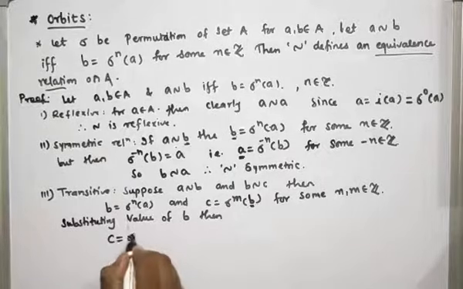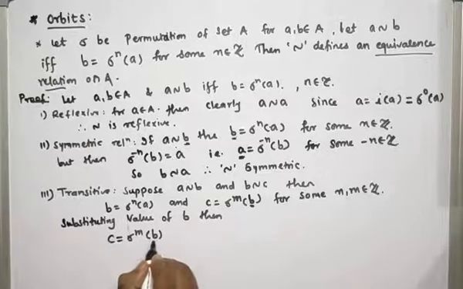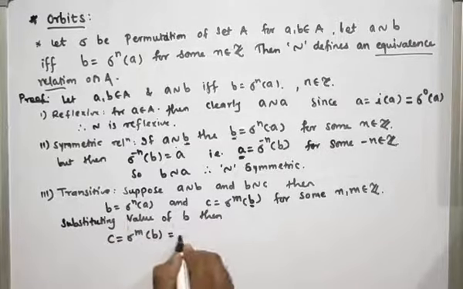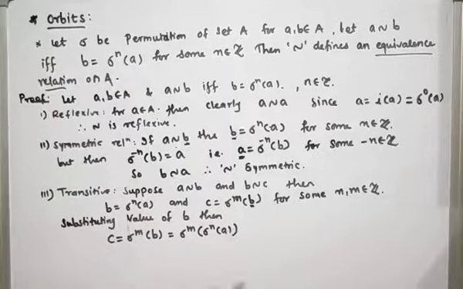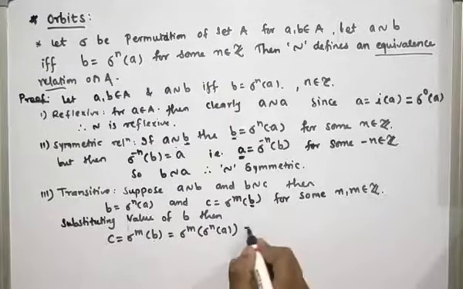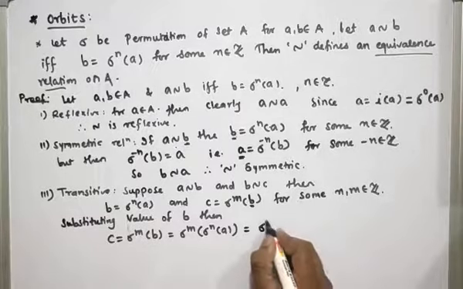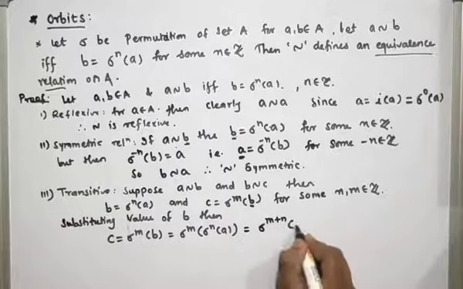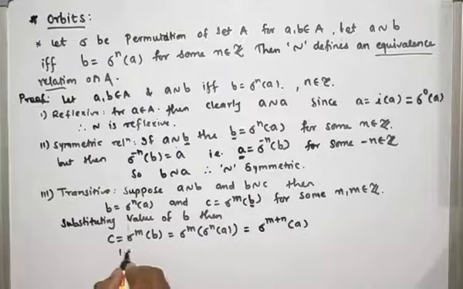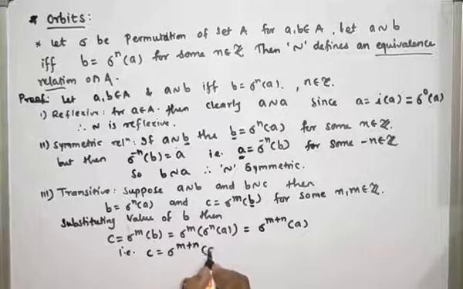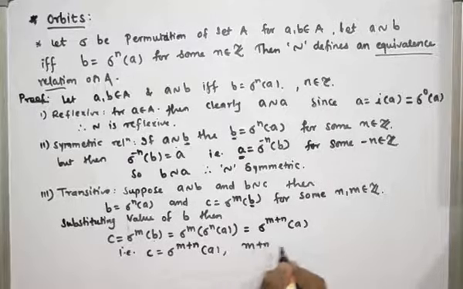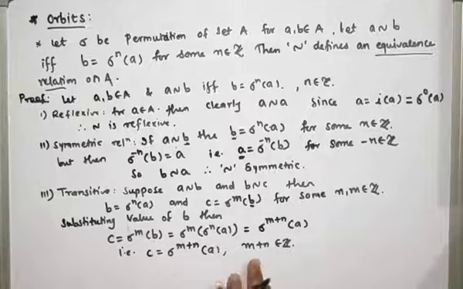C is equal to sigma raised to m of sigma raised to n of A, so we add the indices, which gives sigma raised to m plus n of A. That is, C is equal to sigma raised to m plus n of A, where m plus n belongs to the set of integers.